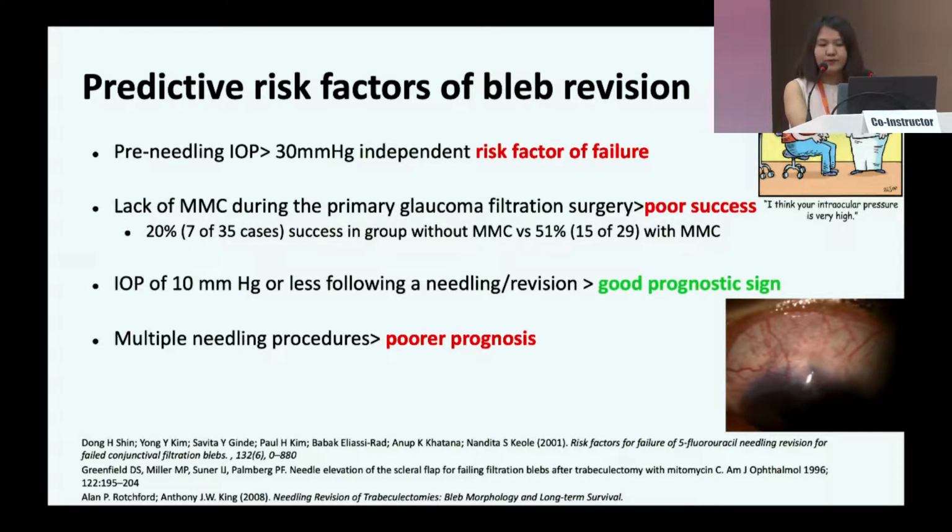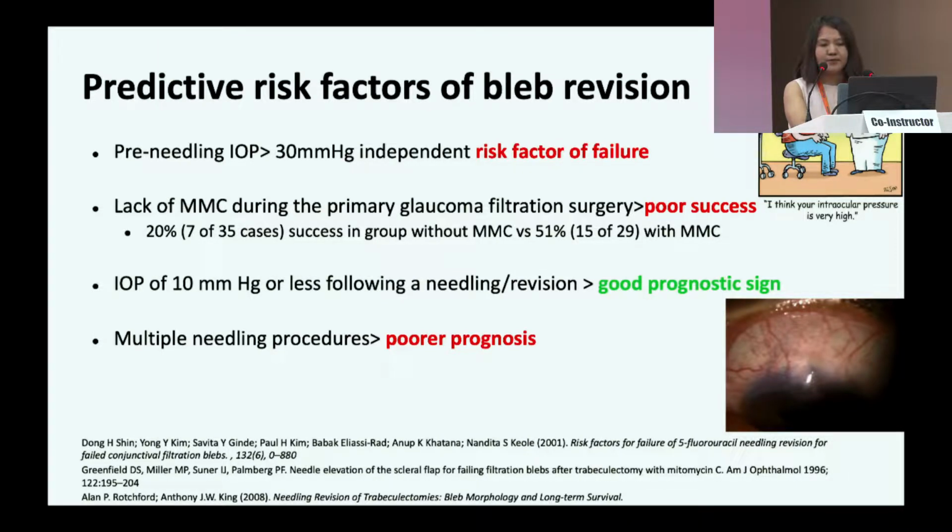And a lack of MMC is also known to correlate with the success of revision. That is, in patients where mitomycin C was not used, the failure was higher compared to those in which mitomycin C was used in the primary trabeculectomy. Also, the intraocular pressure in the immediate post-op following needling or revision is considered to be a good prognostic factor.